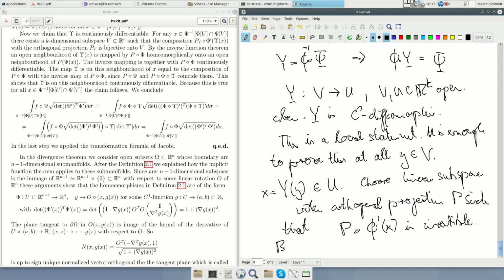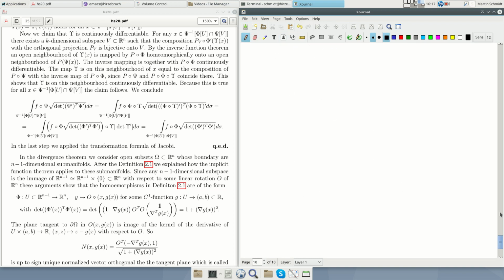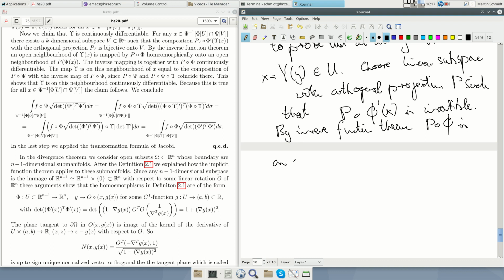Again, by the inverse function theorem, P composed with phi is, on an open neighborhood of x, a C1 diffeomorphism to some open subset.